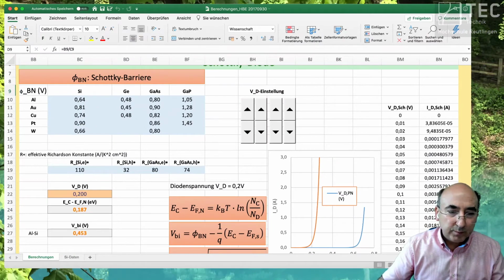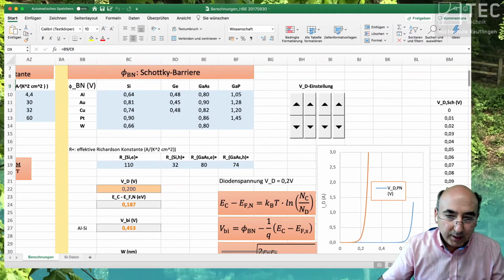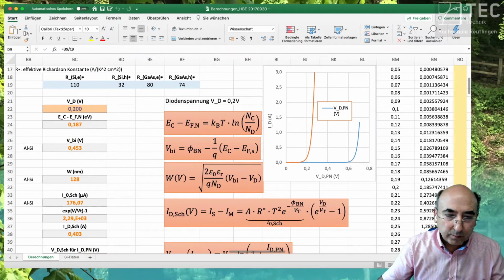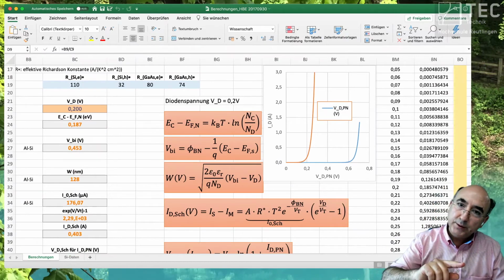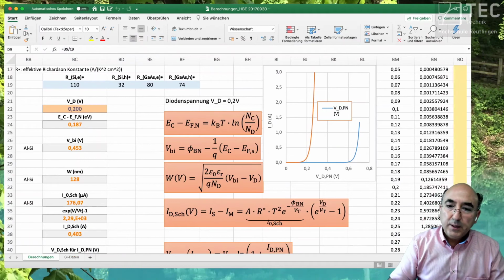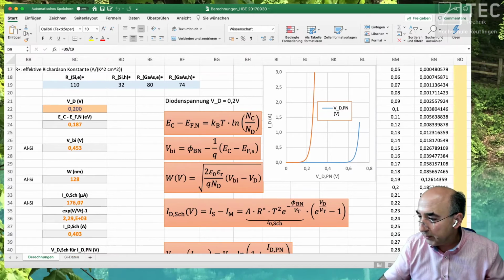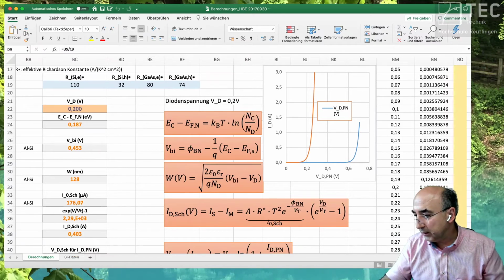I have plotted with the same values we generated for the PN diode. I have used these equations for the N-type semiconductor. For the built-in voltage, we have just taken a look at how we calculate it, the space charge region, and the diode characteristic itself.